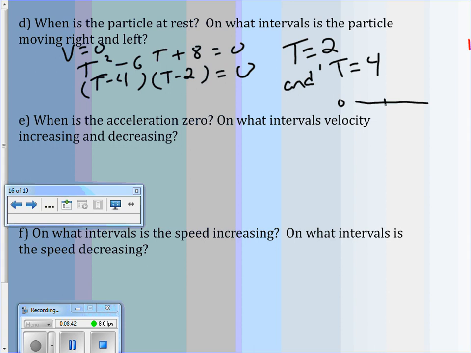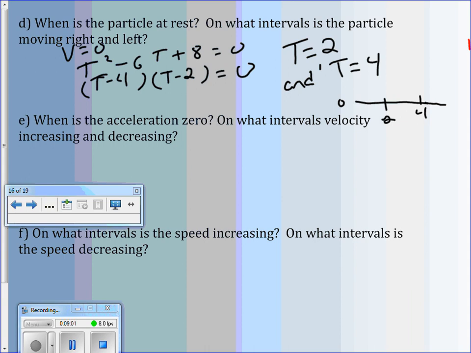0, 2, 4, and it goes on. Okay. So here's the big concept. I know that the velocity is 0 at time 2, the velocity is 0 at time 4. Those are the only zeros, so it can't be 0 anywhere else.